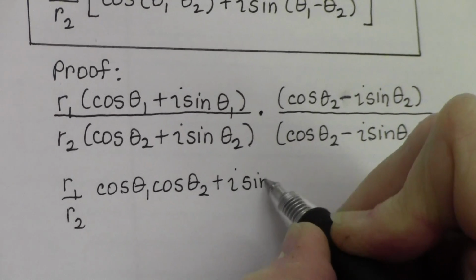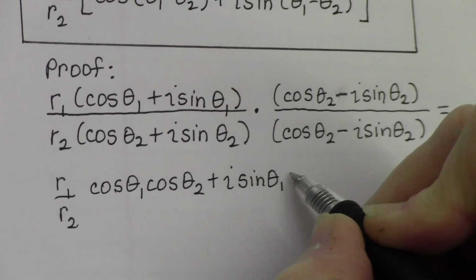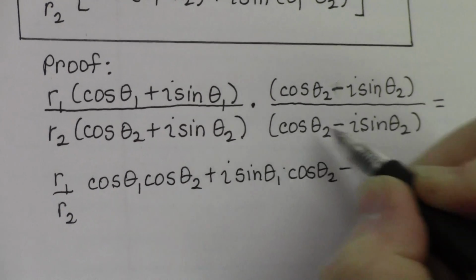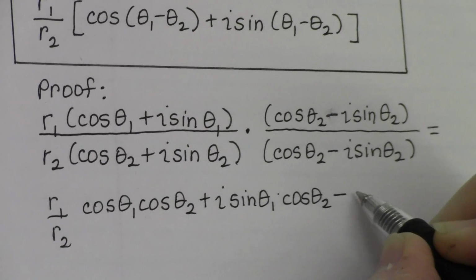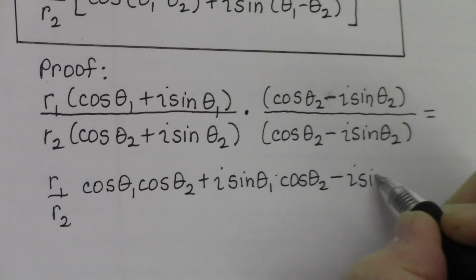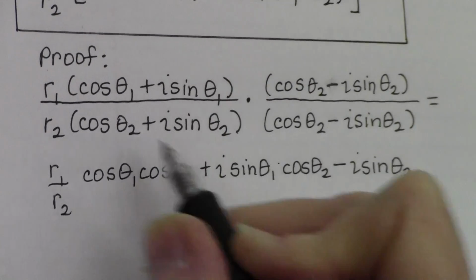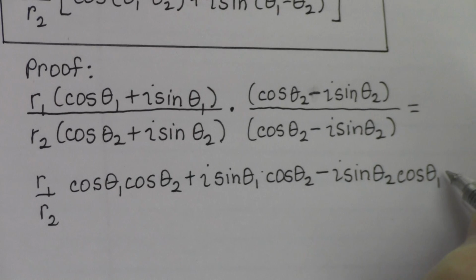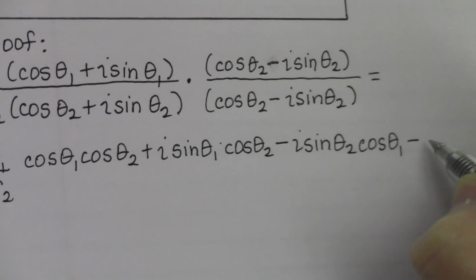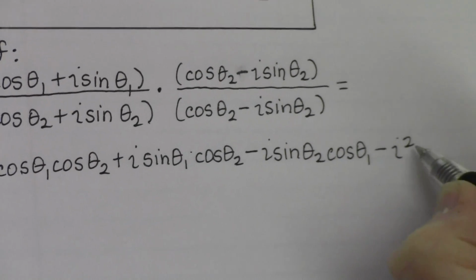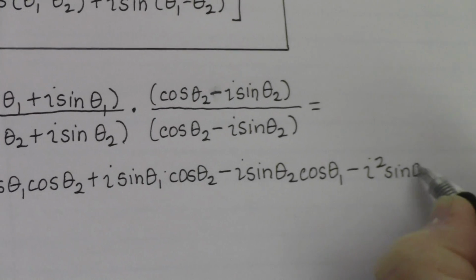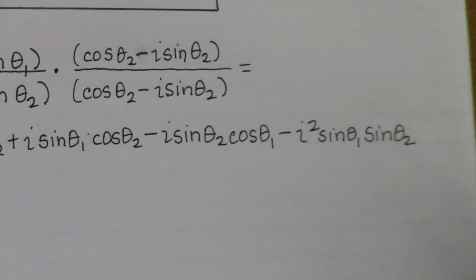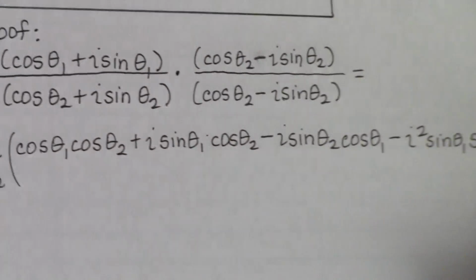I'm going to do i times sine of theta sub 1 times cosine theta sub 2 minus the outers, because I have this negative sign. It's going to be i sine of theta sub 2 times cosine theta sub 1. And then my last term, again, has a negative sign, and it's negative i squared sine of theta sub 1 sine of theta sub 2. Okay, hopefully I got the whole mess there.